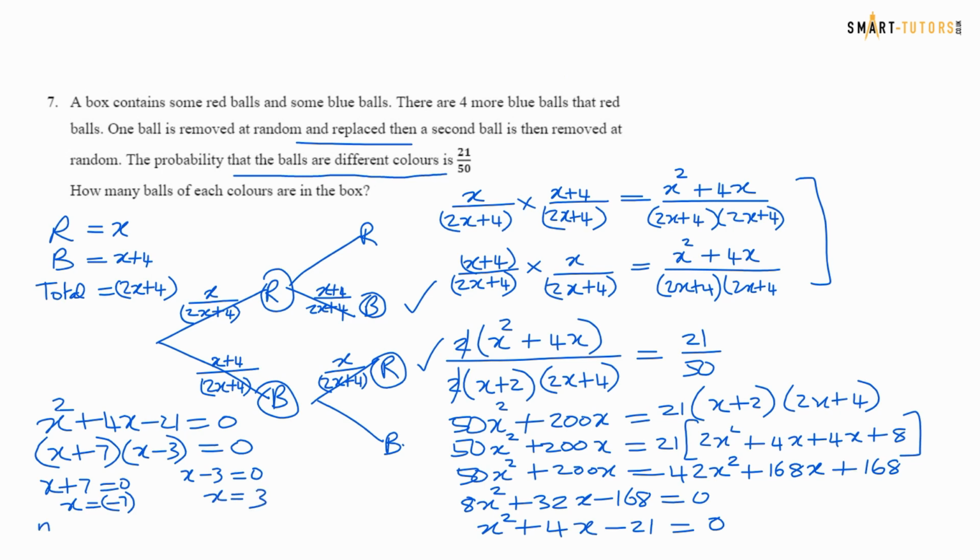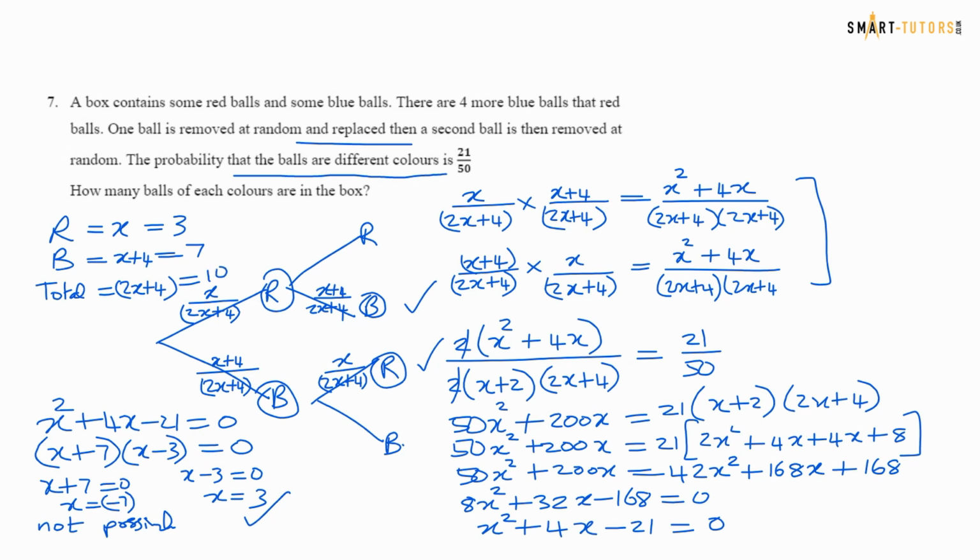So negative number not possible, and x equal 3 is the correct answer. Right, x equal 3 means red is 3 and blue is 7, and altogether is going to be 10 marbles.